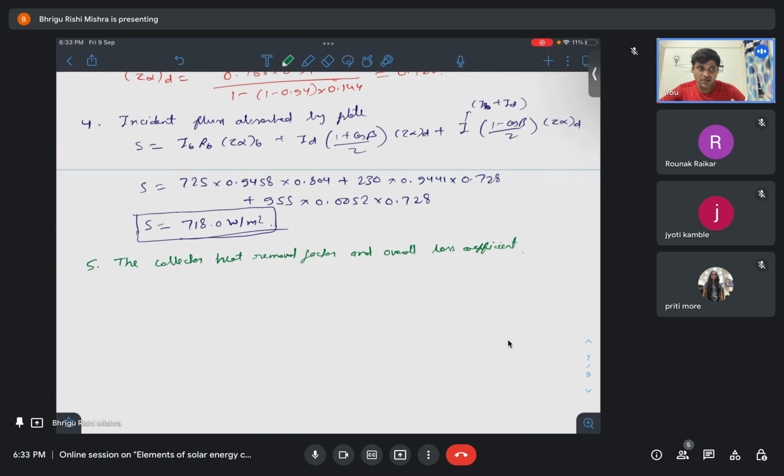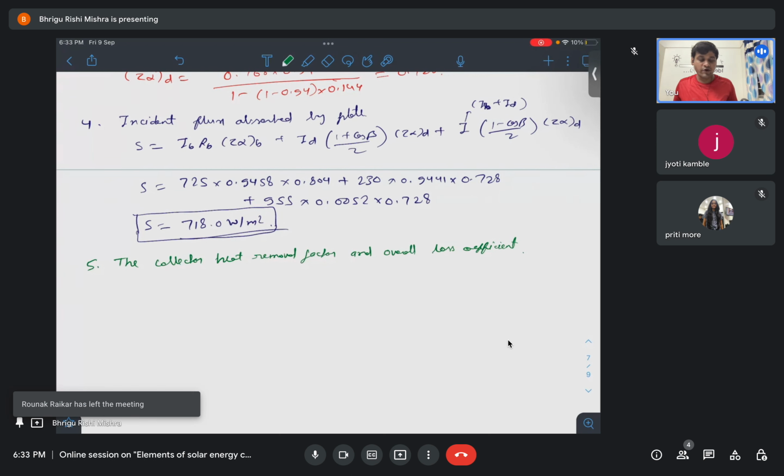Okay, so that is the whole iterative process given in the example in the book by Sukhatme and Nayak. That example is, I think, example 4 or 5, I forgot. Yeah, example 4.2.